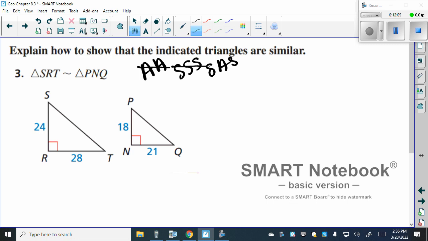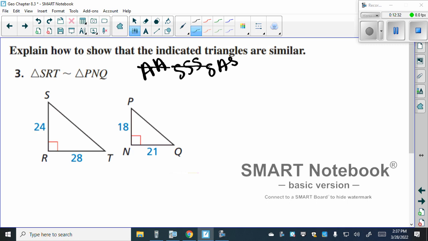We technically could use side side side because it is a right triangle. If we wanted to use the Pythagorean theorem, we could find the third side lengths, but we're not guaranteed that the third side lengths of these here would be nice. We could be looking at answers with radicals because it doesn't simplify. So, I mean, we could use side side side.